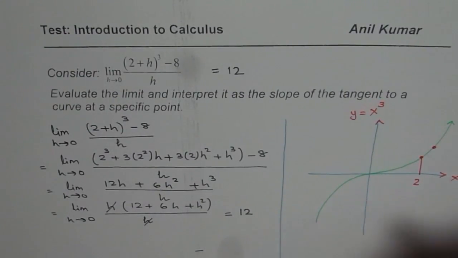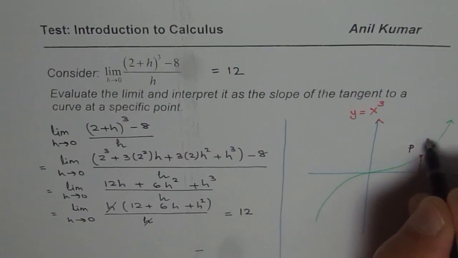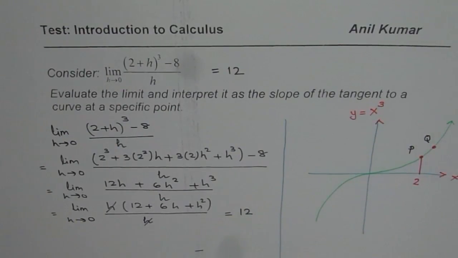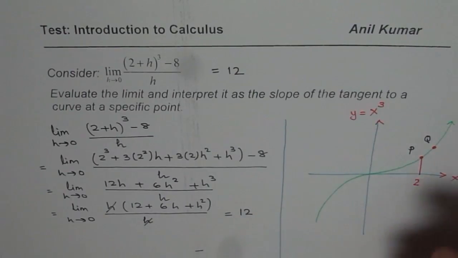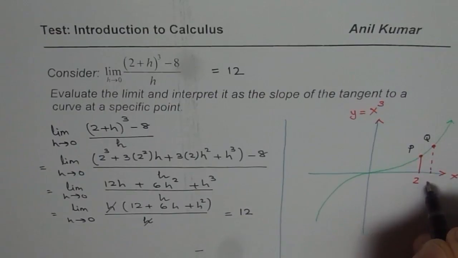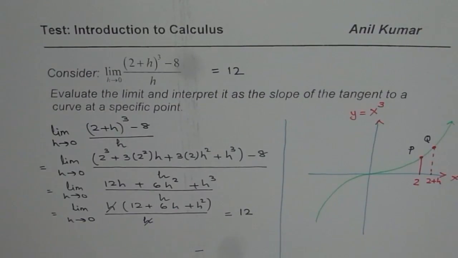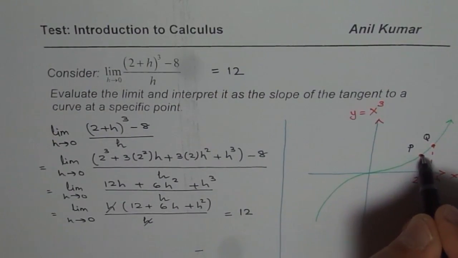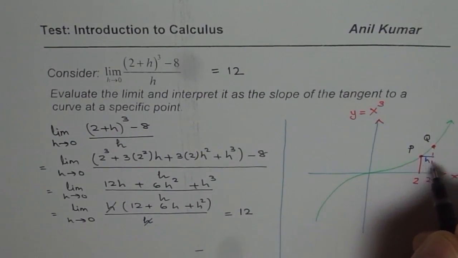So the first point is, let us say P, the other point is at Q. The x coordinate of the second point, Q, is given to us as 2 plus h. So it is slightly away, or you could say that the horizontal distance between the two is h, right? So they are h away.